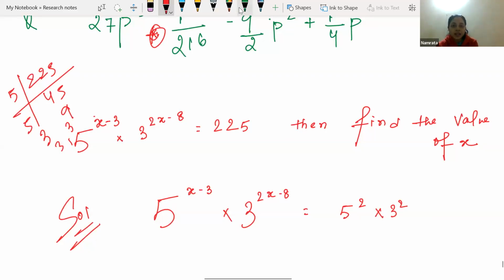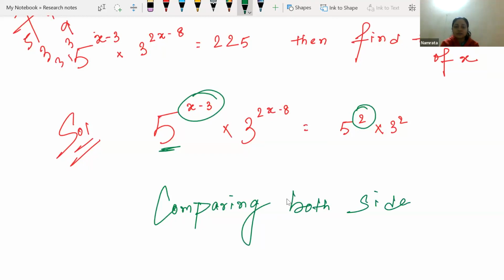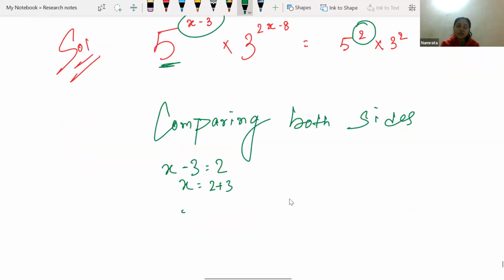The exponent of 5 on one side we compare with the exponent of 5 on the other side. Comparing both sides, x minus 3 is equals to 2. So x will be 2 plus 3, that means x will be 5.